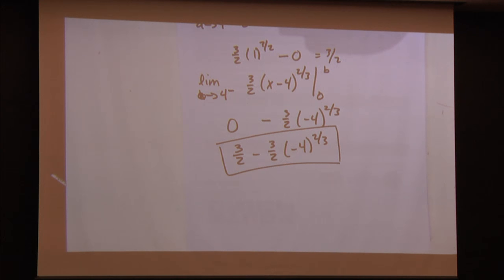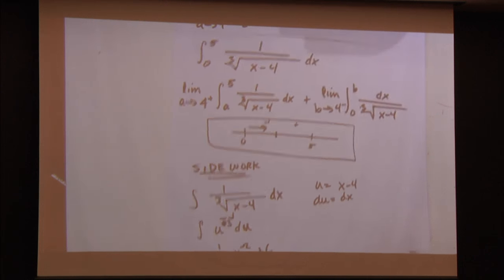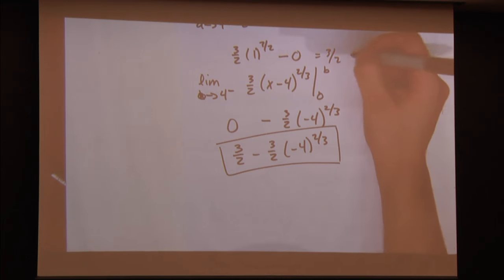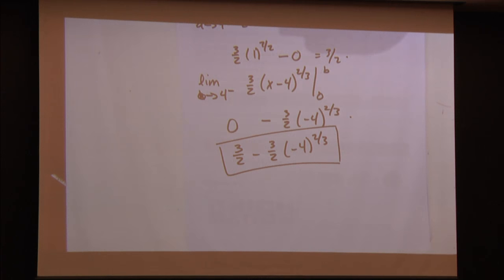It should be flipped, as in the wrong order. Okay? Because this is the first one, this is the second one. I'm pretty sure that's solved. We plug in B, we get 0 minus negative 4. Oh, no, we're good. We're good.